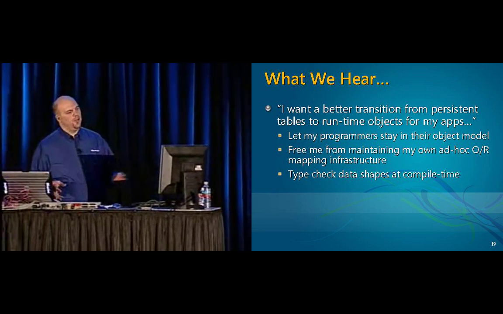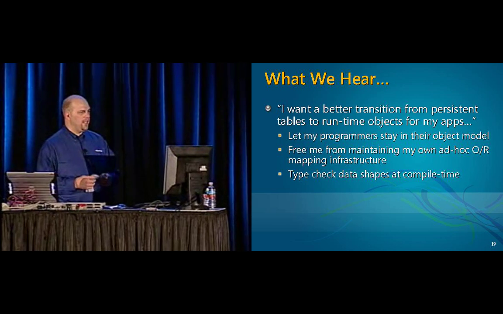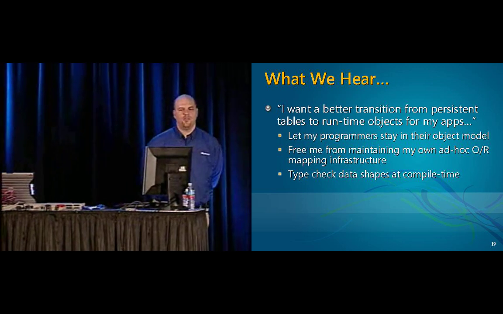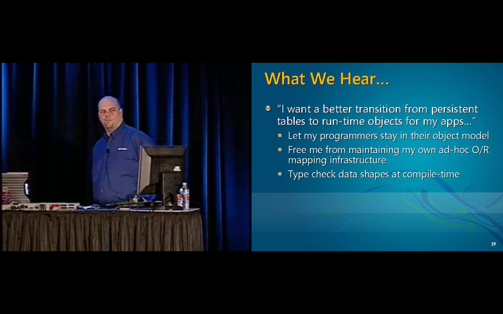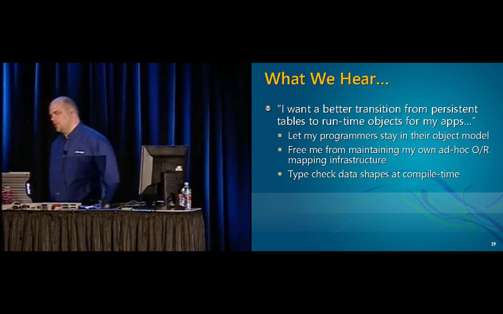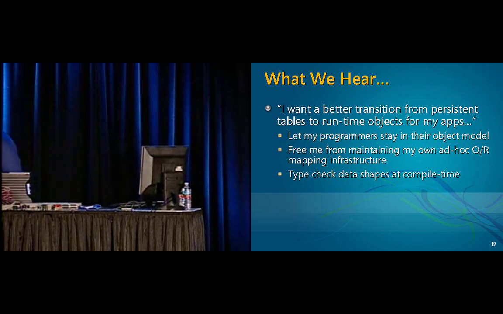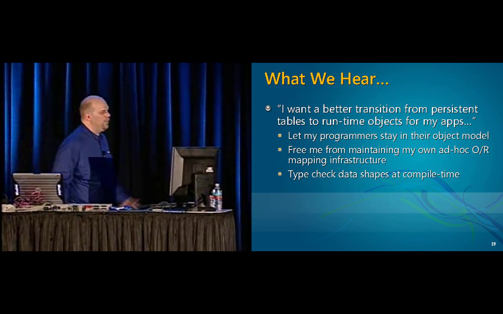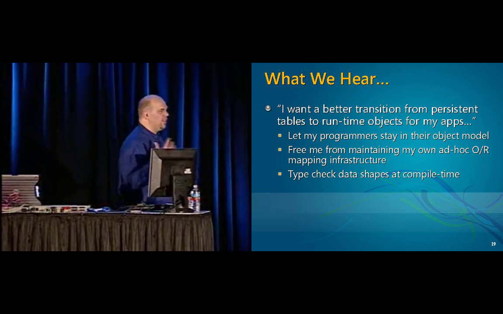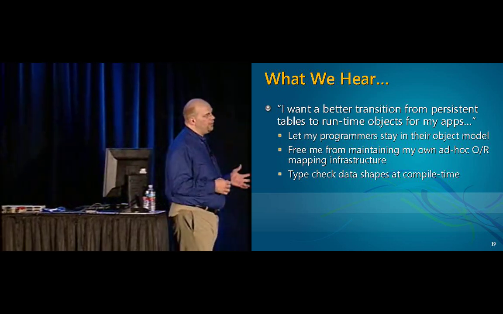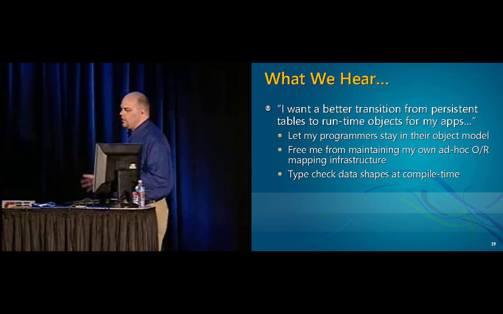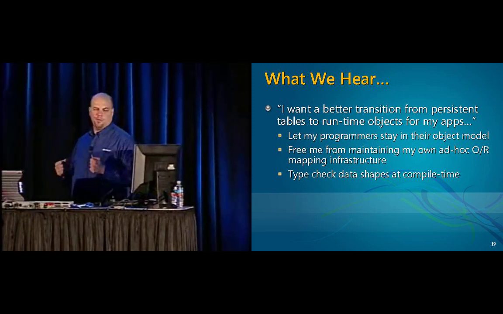One is you've heard a lot, especially during the LINQ talks, about the impedance mismatch of database programming, query programming, and the underlying storage model. But there's also the business of maintaining your own mapping infrastructure. These storage maps are a declarative way to maintain that mapping, which means that you don't have to maintain some code base that does the mapping, and maybe it does the mapping this way for certain update procedures and this way for other update procedures, or pulls the data out of stored procedures.